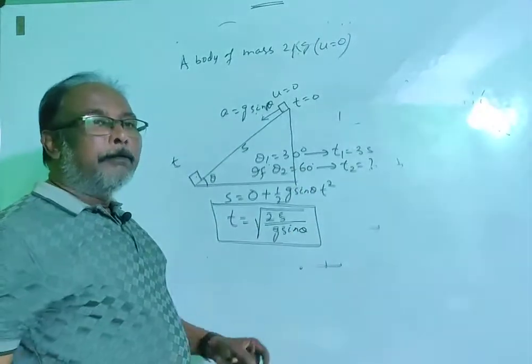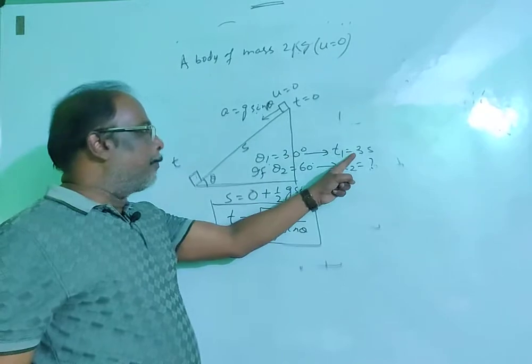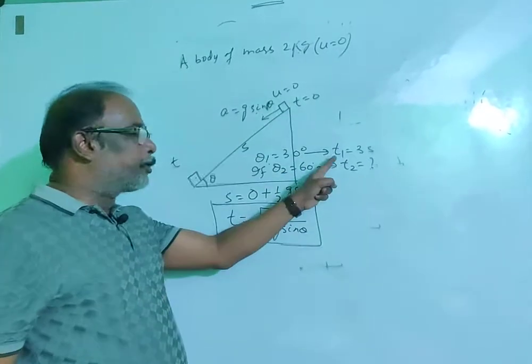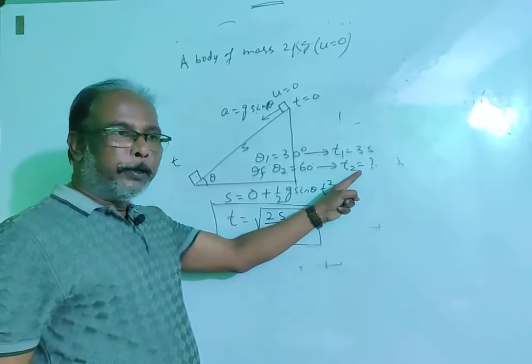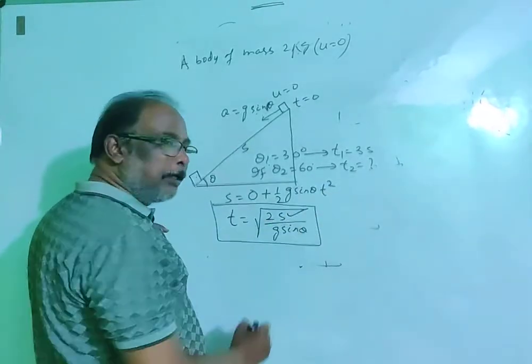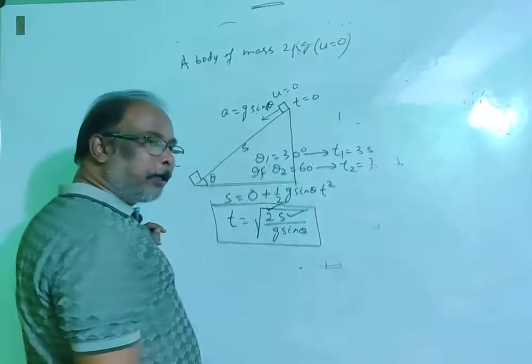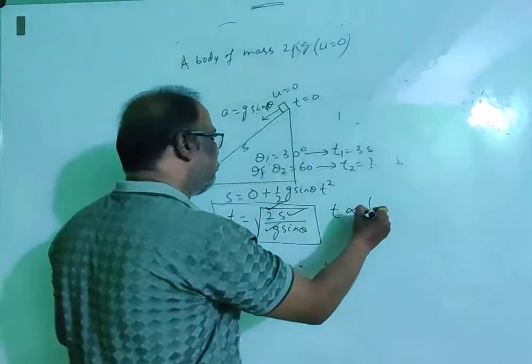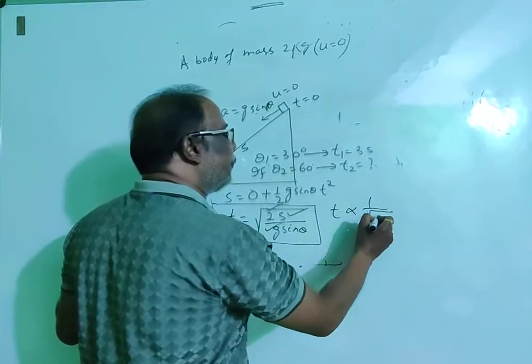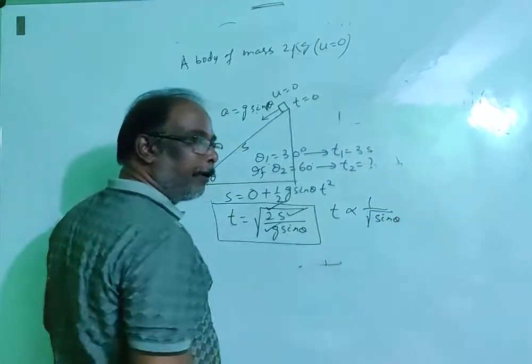Very simple. When the angle is 30 degrees, the time taken by the body to reach the bottom is 3 seconds. When the angle is 60 degrees, what is the time taken? See, 2s is constant, g is constant, so time is inversely proportional to the square root of sin theta.